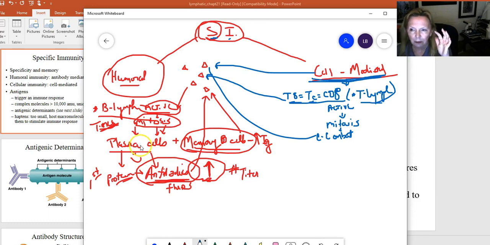And those bomber planes are going to throw down bombs on the enemy. Antibodies are kind of like bombs from the Air Force. The bombers are up in the air, and they're just making these bombs and sending them down through the fluids, if you will, as bombs to get rid of these foreign antigens.